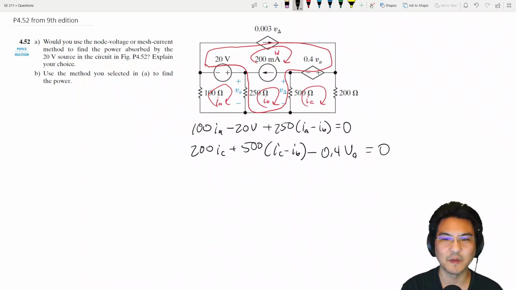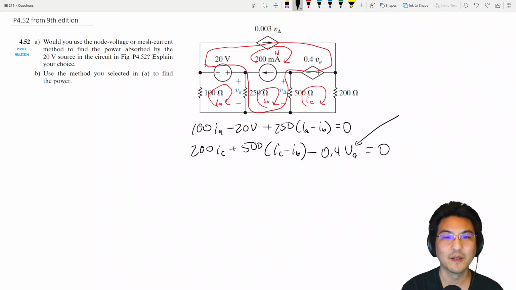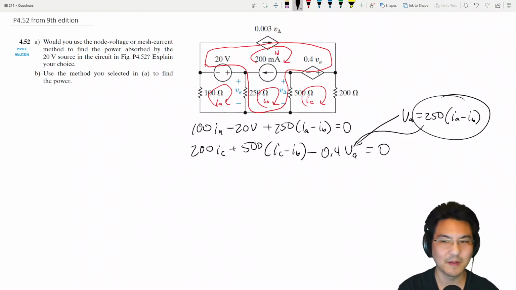And already, how do we define VA? For this picture, just look at this resistor. So VA is 250 (IA minus IB). So then you could substitute that there.